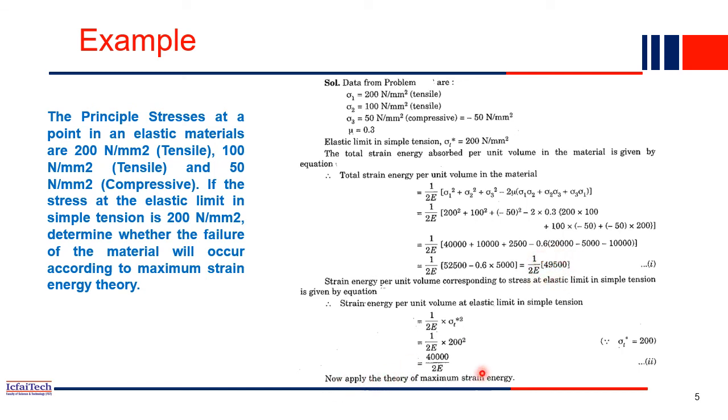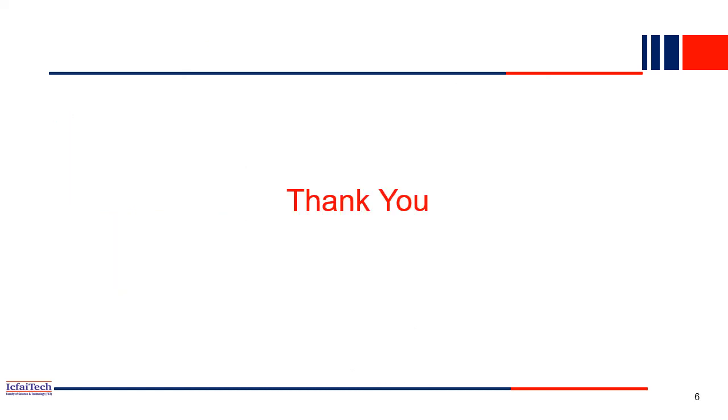As per this theory, our material will fail. Using the strain energy equations we derived in the last slide, we can easily compute the strain energy developed because of the load and the capacity. If capacity is more than the applied strain energy, our structure is safe. If it is less, then our structure will fail. So that's how we solved a simple problem using this theory. Thank you.